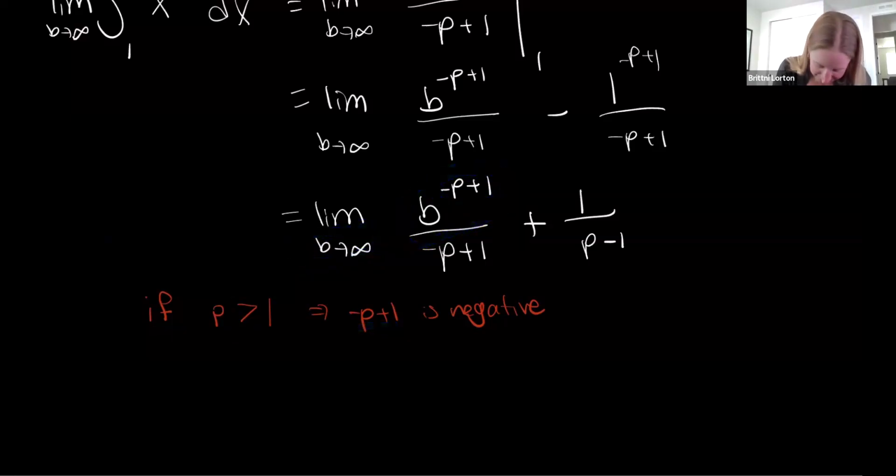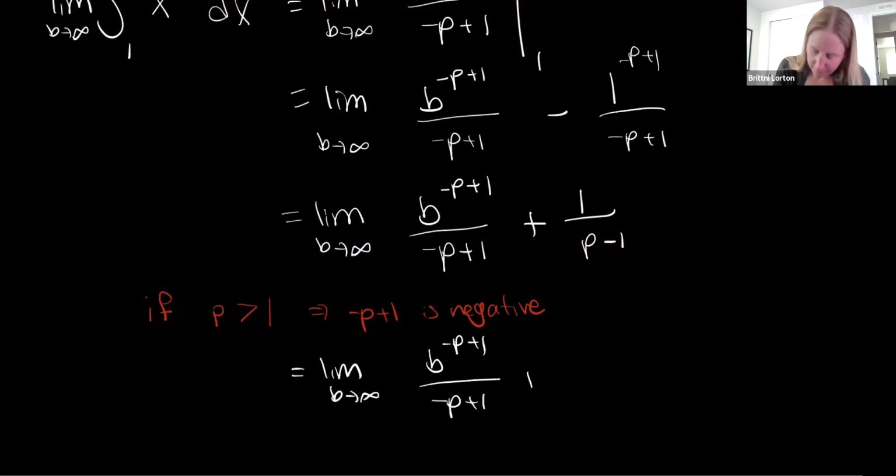All right, let's write that down. This would become the limit as b approaches infinity of b to the negative p plus 1 over negative p plus 1, plus 1 over p minus 1. And I'm going to circle that whole exponent, and it's going to be a negative number.